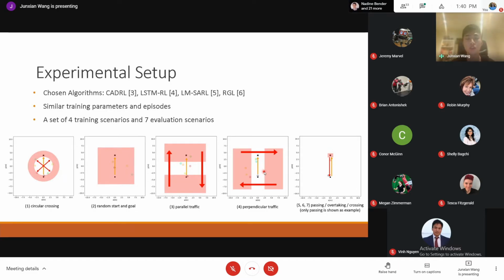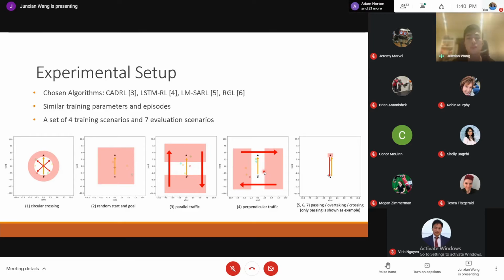And lastly is the RGL, which stands for Relational Graph Learning, a more advanced method than SARL, where they learn a complete relational graph in which all pairwise interactions are modeled. So not only robot to human, but also between the humans. This one is the latest, published in 2020.